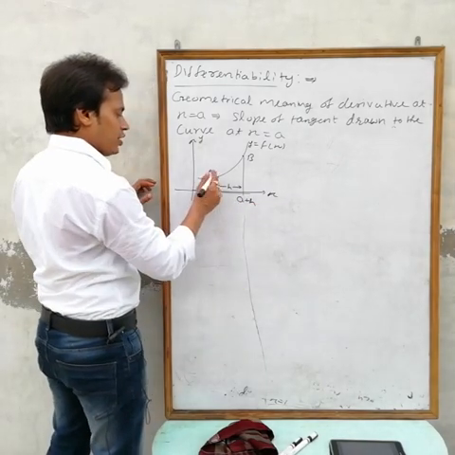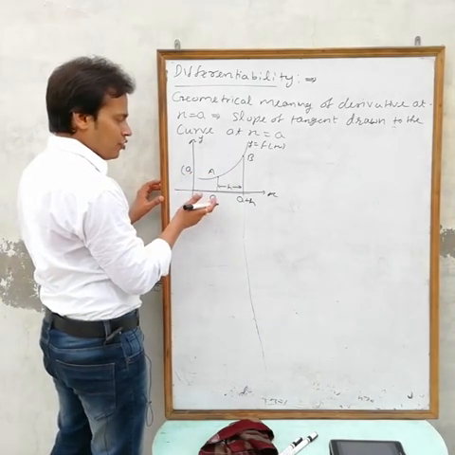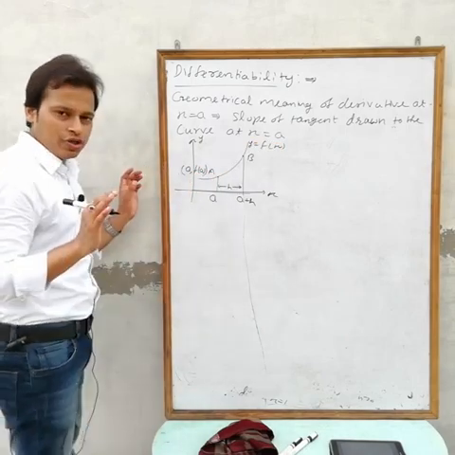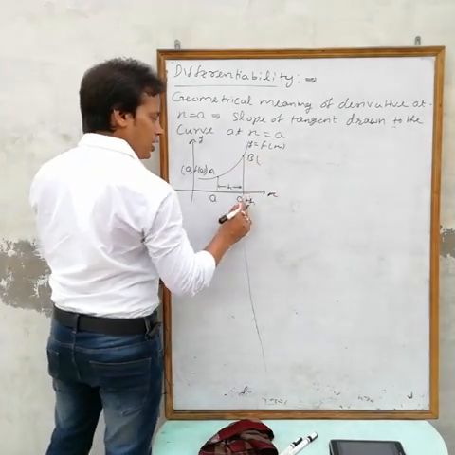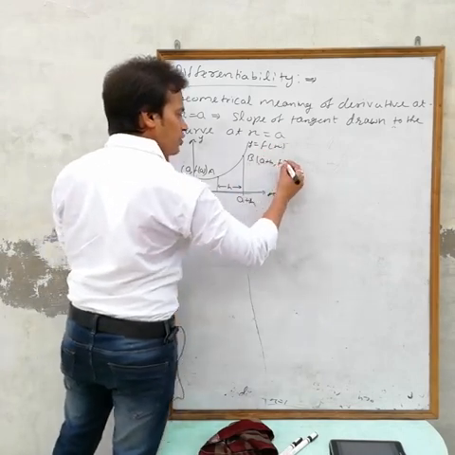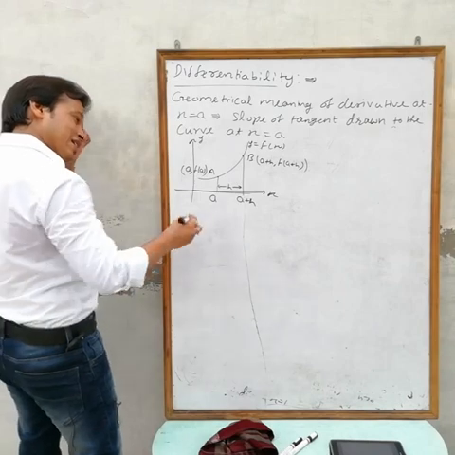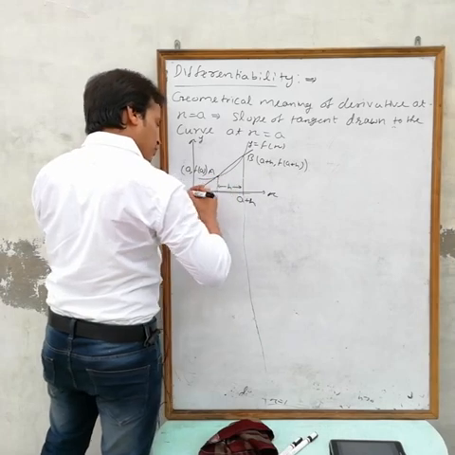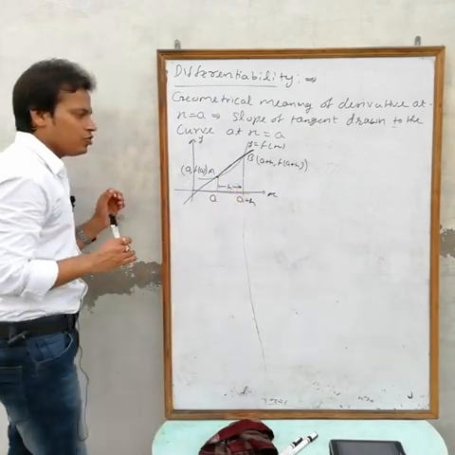Now the coordinate of A: the x coordinate is a, and if you put x equals a in the function, you get y as f(a). So the coordinate of A is (a, f(a)), and the coordinate of B has x coordinate a plus h, and putting that in the function, the y coordinate is f(a plus h). If you join these two points A and B, we get a secant intersecting the curve at two points.